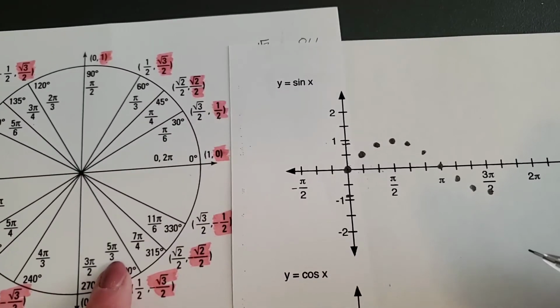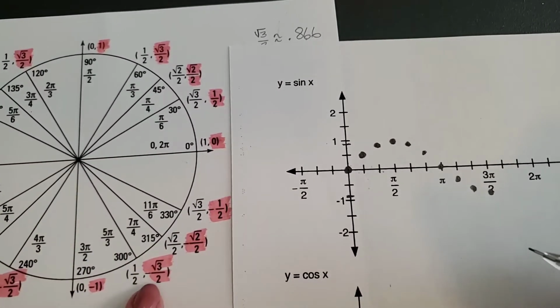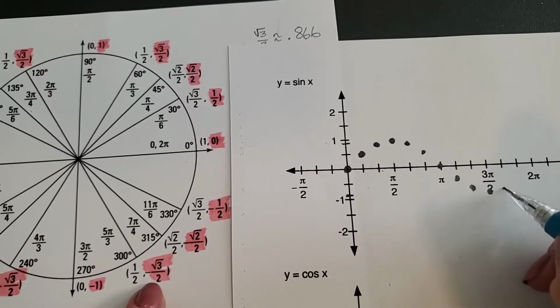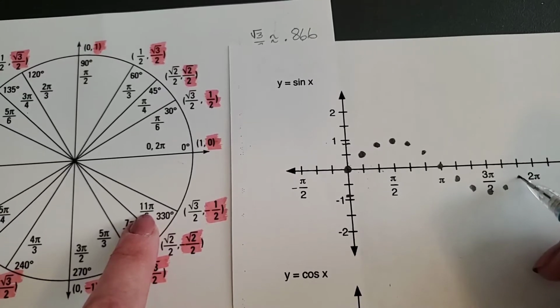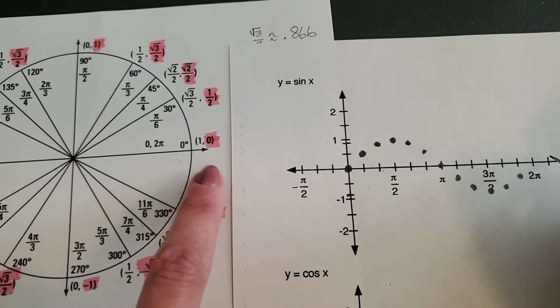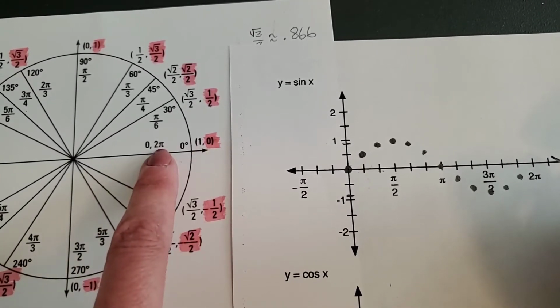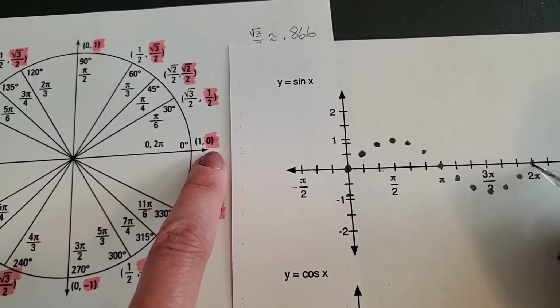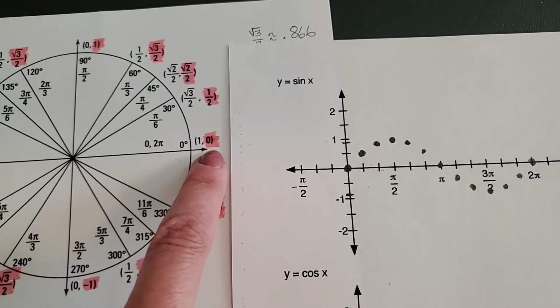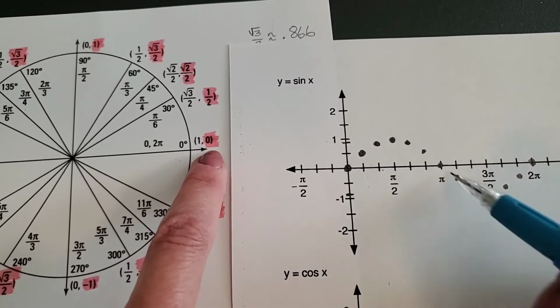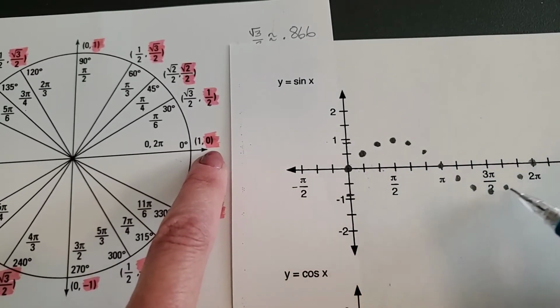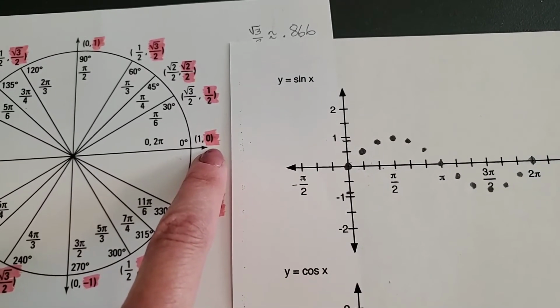At 5 pi/3, -√3/2. And you can see the pattern emerging. At 11 pi/6, -1/2. And back at 2 pi, the sine value is 0. We have this nice, smooth curve. Okay, we in fact call this the sine curve.